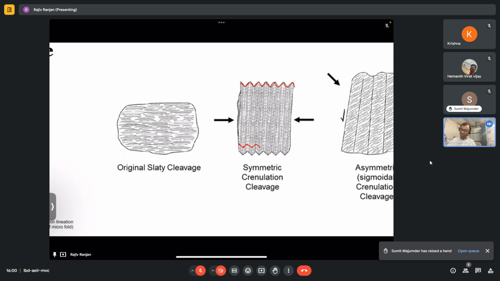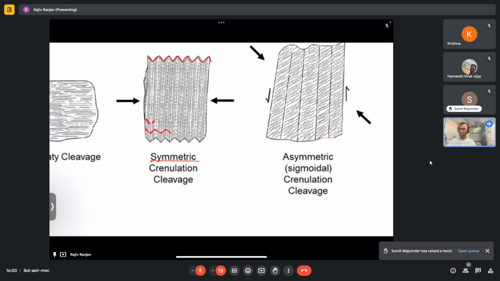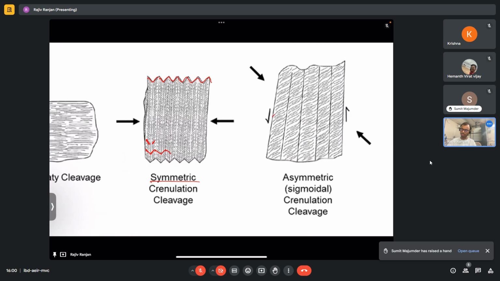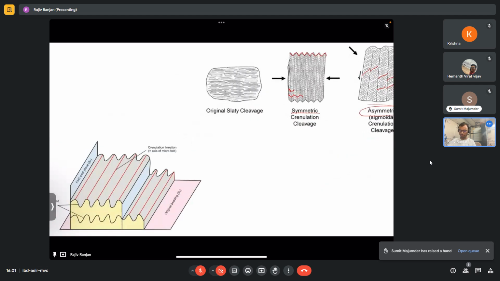We are seeing a microfold, and these fabrics are symmetric, right? That is why it is called symmetric crenulation cleavage. But if you see here, due to shearing, the fabric is not symmetric, it is like this. So this is called asymmetric or sigmoidal cleavage.